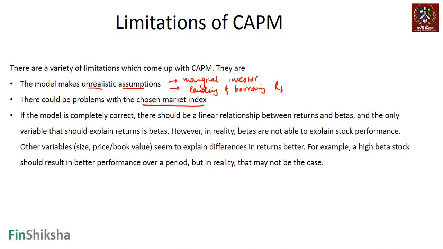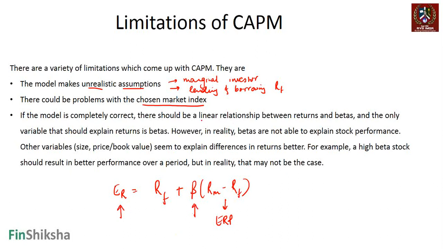And finally, remember the model says that the expected return is the risk-free rate plus beta into the return on the market minus the risk-free rate, this being the equity risk premium effectively. If this were correct, there has to be a linear relationship between expected return and beta.